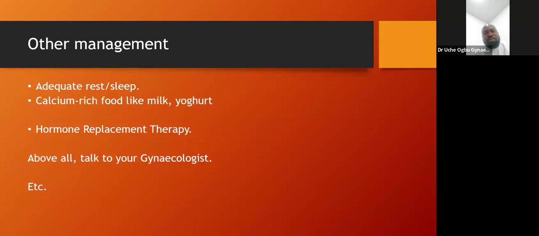Some have shown to be beneficial to those that use them, while some women that have used them have complained that they didn't see any change. So I try to be silent on most of these supplements.